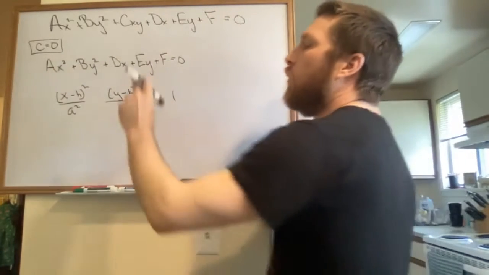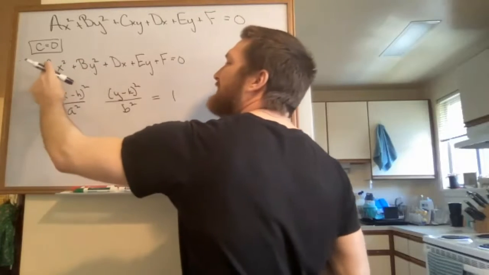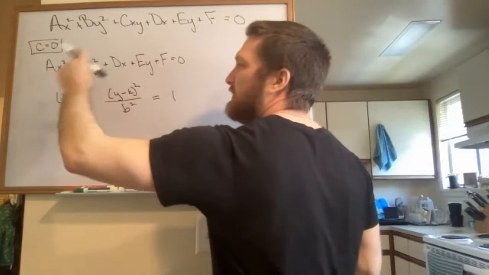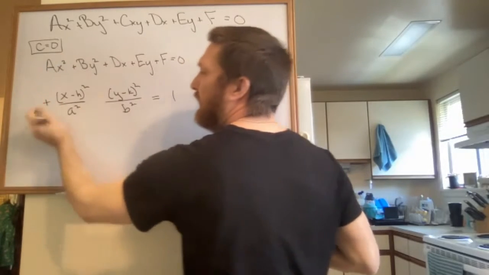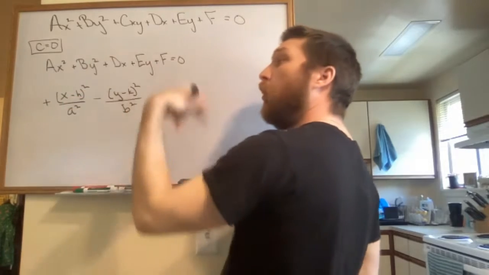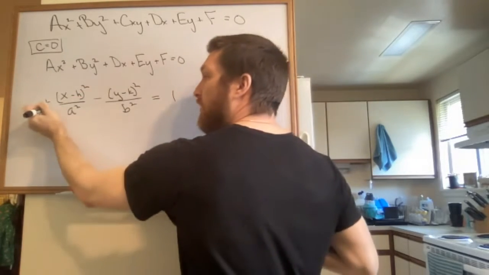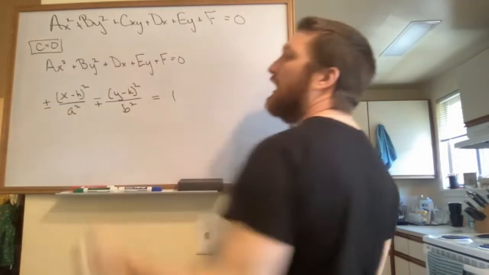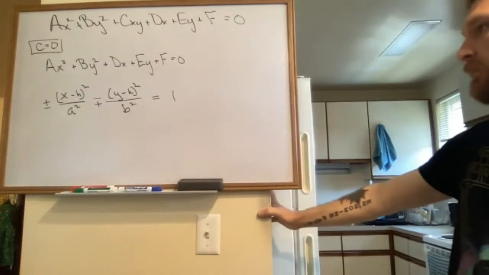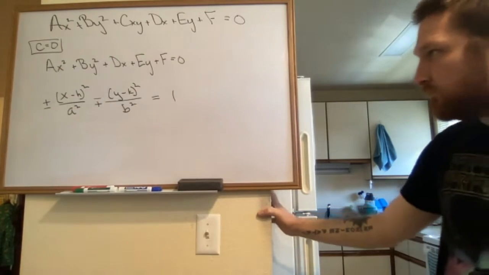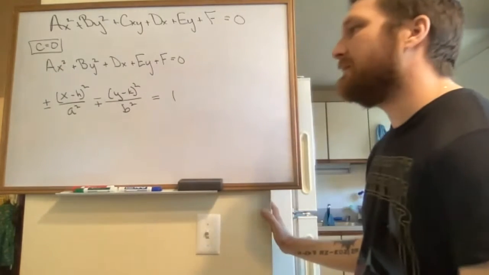Hyperbolas occur where they are different. One's positive and one's negative. So you have a plus that and a minus this, or the other way around: the first one's negative and this one's positive. And so that's what we're going to be talking about today.